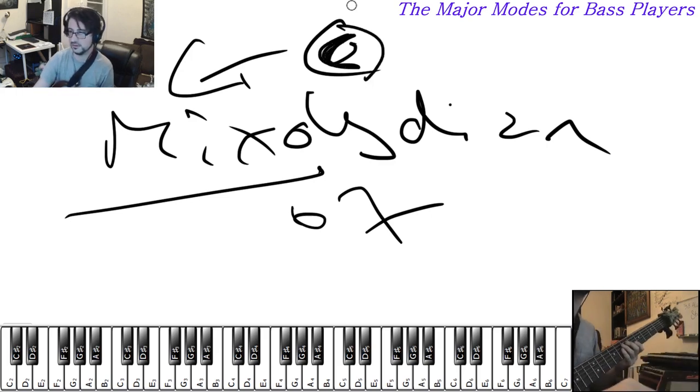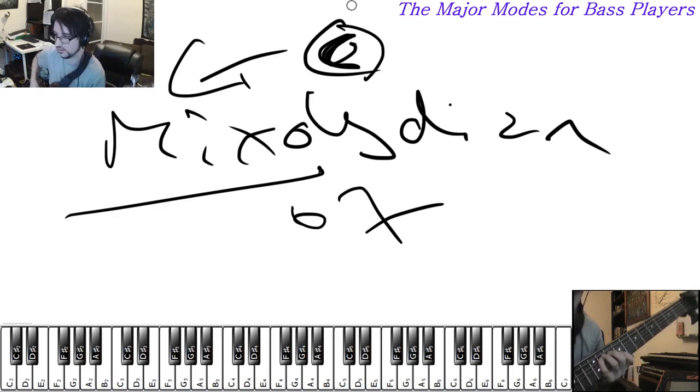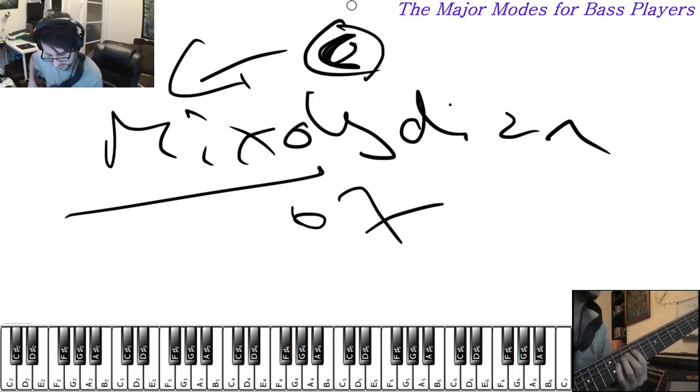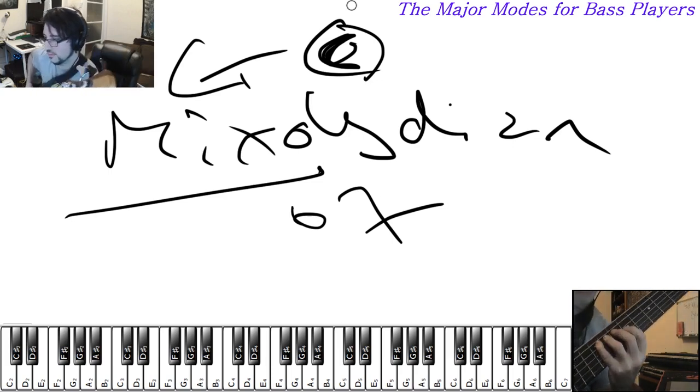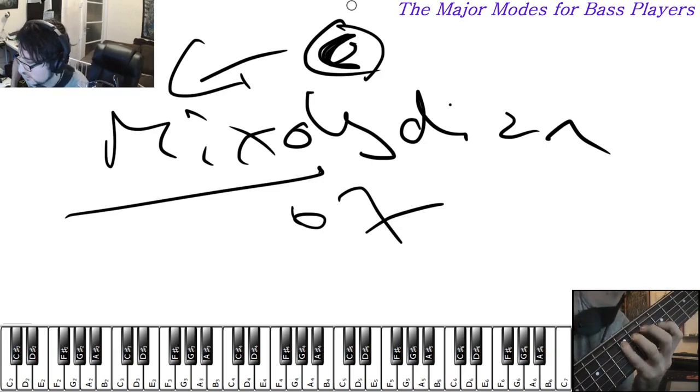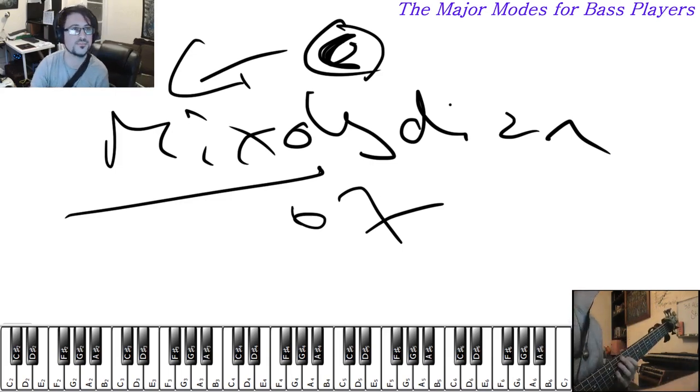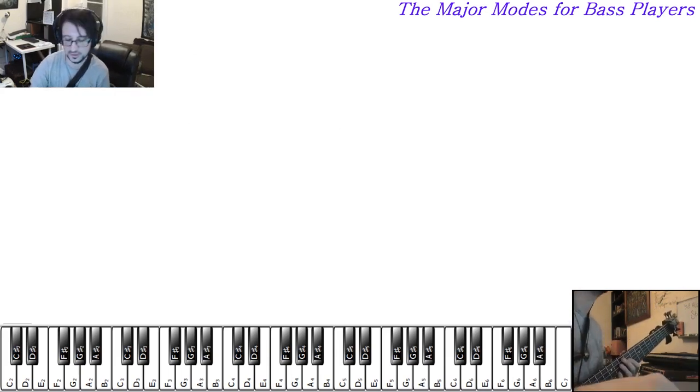That's meant to be a C. And on the bass, to make this shape, we start at the 10th fret. So we've got root, 2nd, 3rd, 4th, 5th, 6th, flat 7th, octave. So just a bit simpler rather than me just ripping through it for no reason. We've got G, A, B, C, D, E, F, G. Cool. So we just write that out as a tablature just to make sure these ideas are cemented.